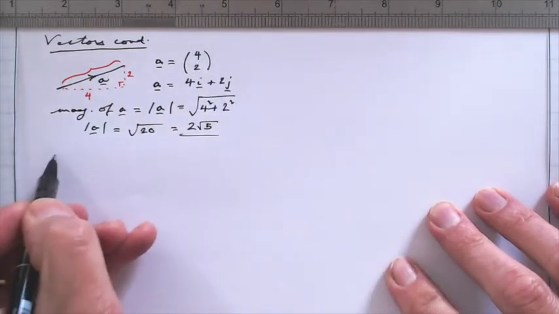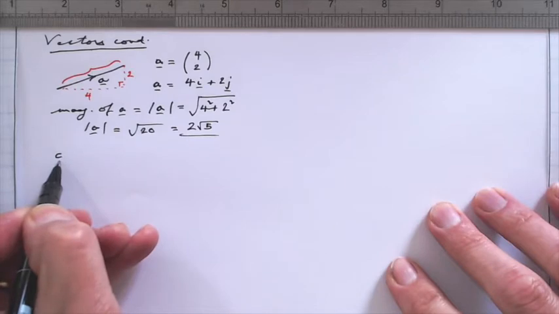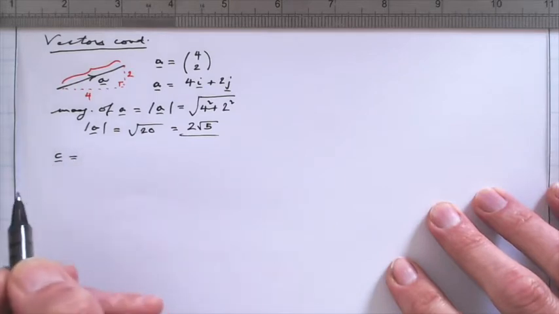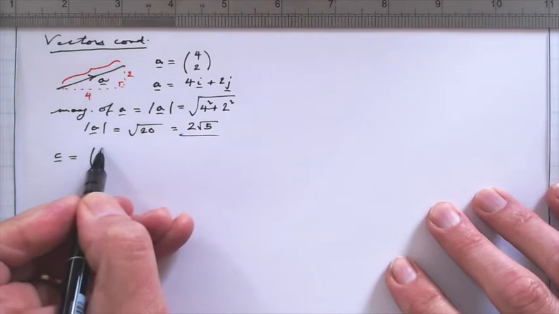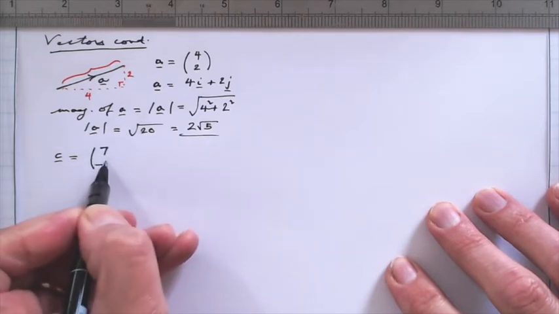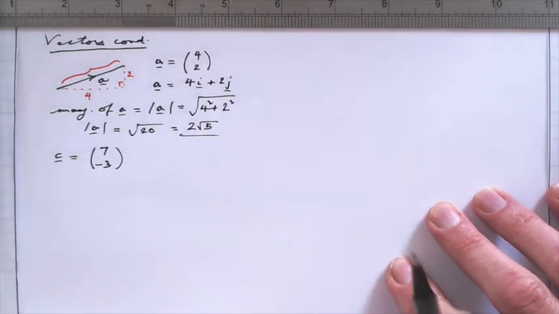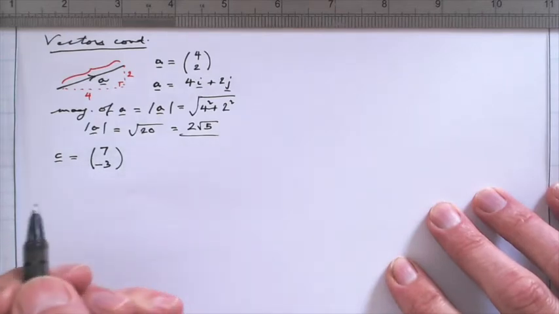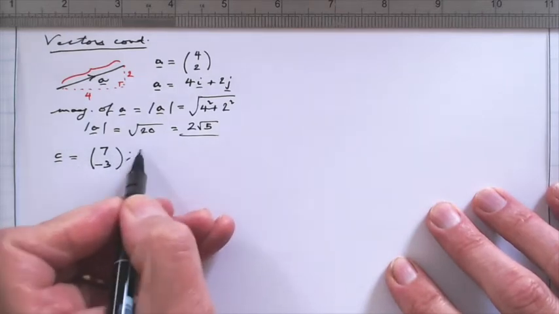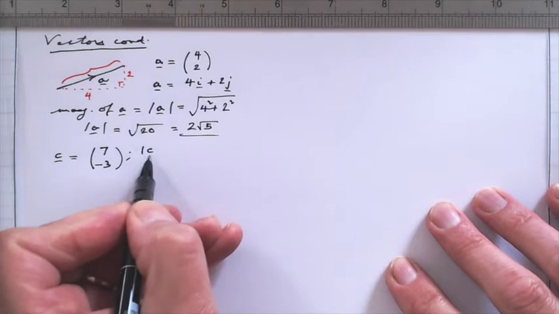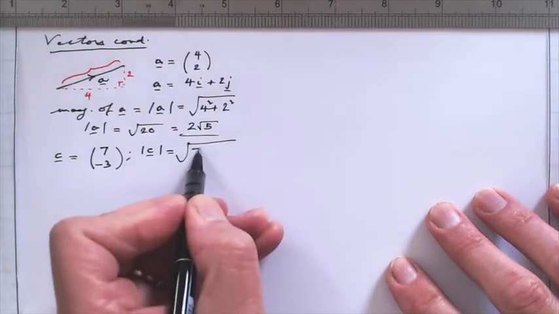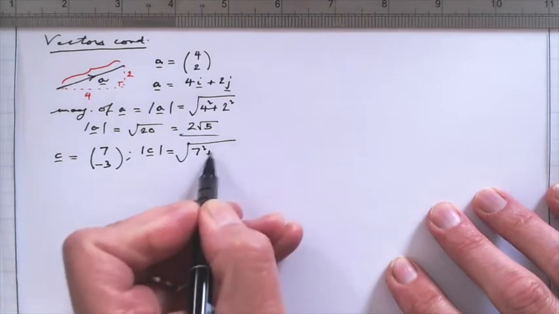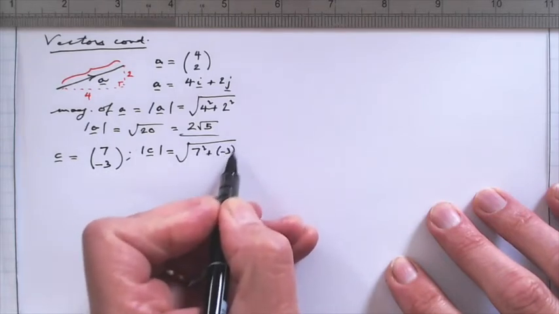So let's say someone gave us a vector C. Let's not draw it, but let's just say the vector was 7, negative 3, okay? And the question was calculate the magnitude. We would just straight away say the magnitude of C is the square root of 7 squared plus the square of negative 3.